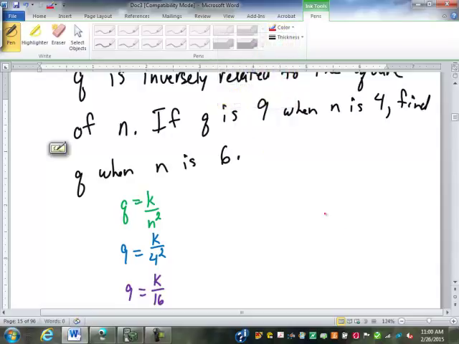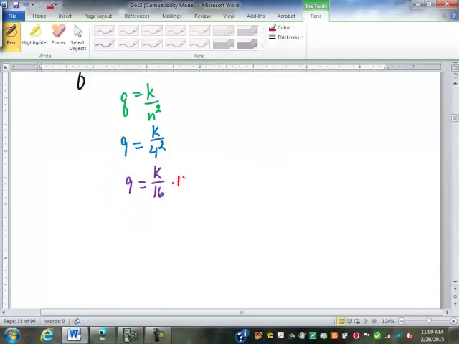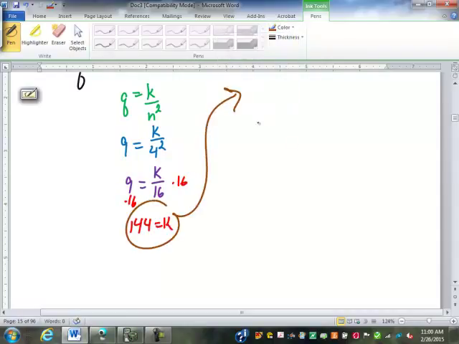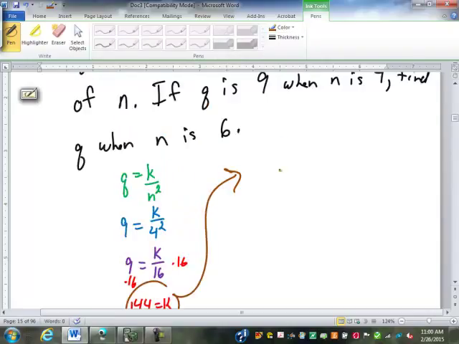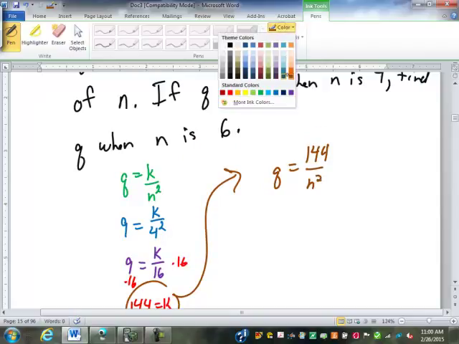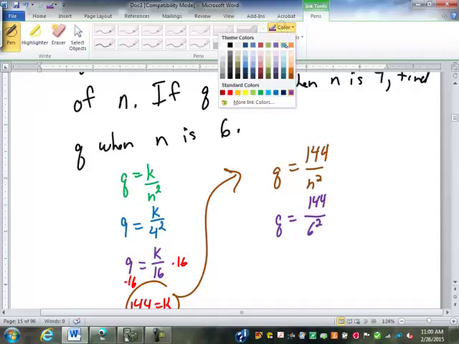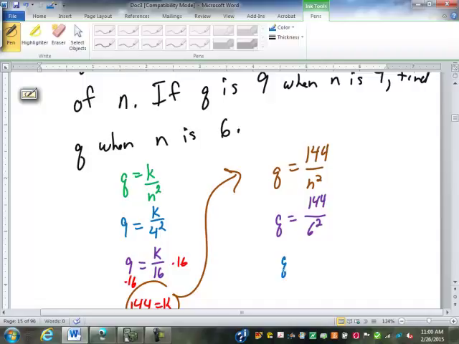And then times 16, 144 equals K. So Q equals 144 over n squared. And then Q equals 144 over 6 squared. 6 squared just happens to come out to be 36. So Q equals 4. What do you think?